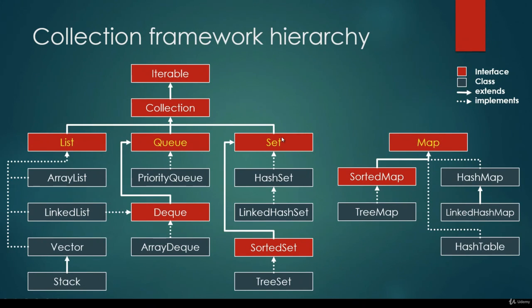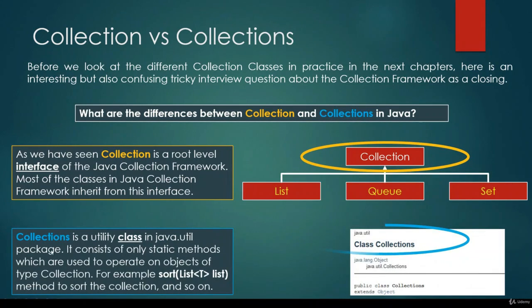This is what we have been talking about when considering the collection framework hierarchy: as you can see, Collection is an interface and most of the classes of the collections framework are inheriting this Collection interface. As far as Collections is concerned, it is a utility class in the java.util package which contains only static methods which are used to operate on objects of type Collection.